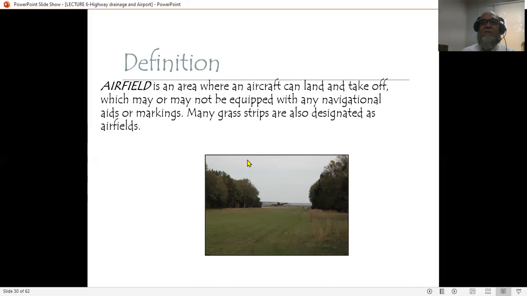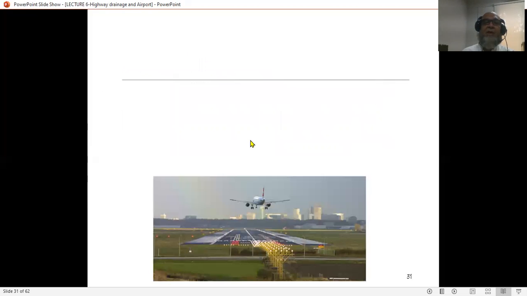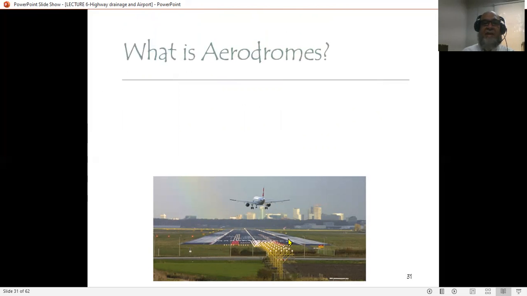Nowadays, you don't have an airfield of a grass strip. This is what I was talking about. All these things are navigational aids, and you can see those lines, the guidance lines. These airports are also known as aerodromes.